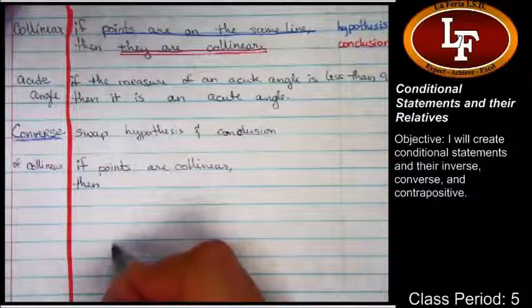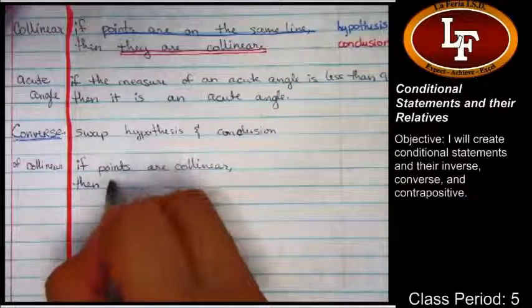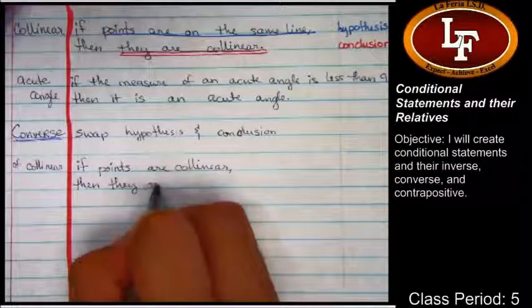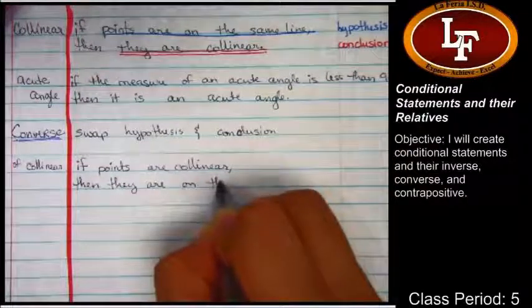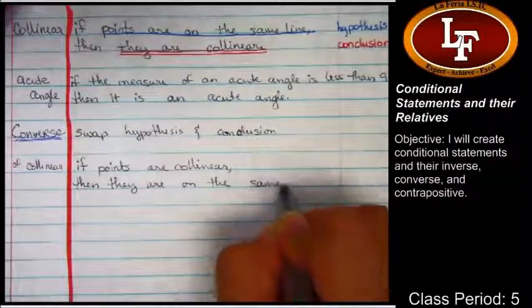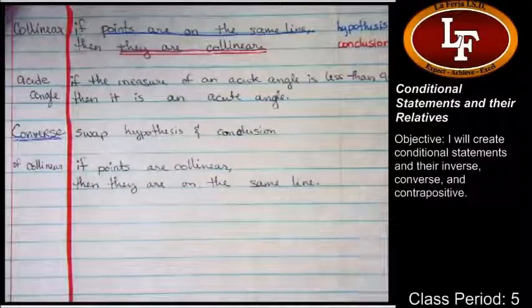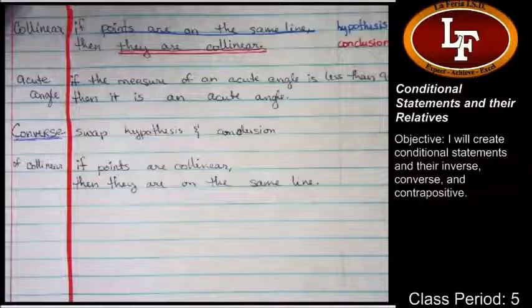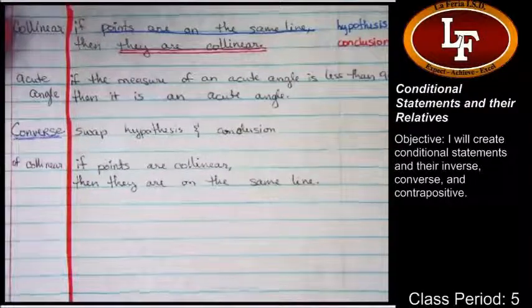Points are on the same line, and so our new conclusion is then they are on the same line. That's it. Super hard, right? Not really that hard.